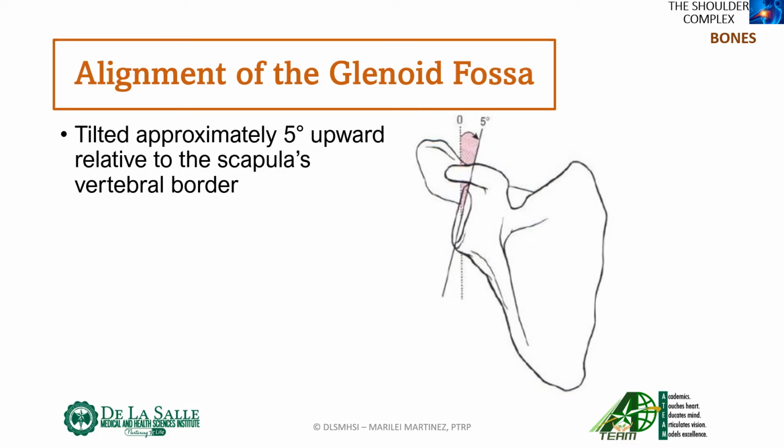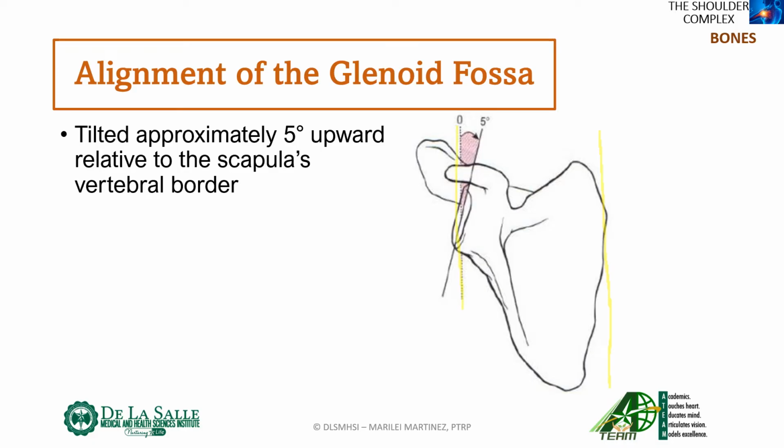Next, we have the alignment of the glenoid fossa. So according here, your glenoid fossa is tilted approximately 5 degrees upward relative to the scapula's vertebral border or medial border. So if we are to analyze that, this is the medial border of the scapula. So let's copy the orientation of the medial border of the scapula around here.